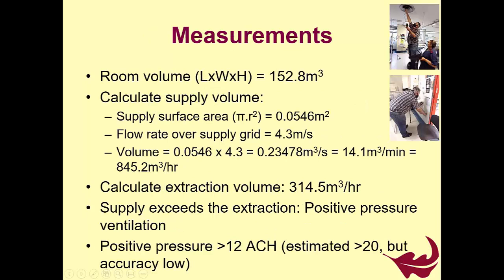So this is an example. Here you can see me on the chair, and this is now a round supply in one of the wards. So here the volume is pi r squared, and you can see that I have the surface area. I measure the flow rate. You can see over there 4.3, and therefore the volume is the surface area times the flow rate, which would give me so many per minute and so many per hour.